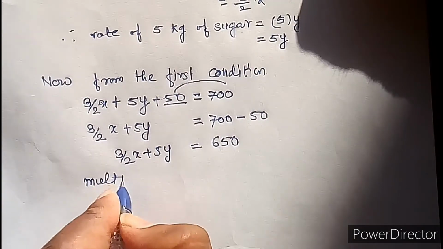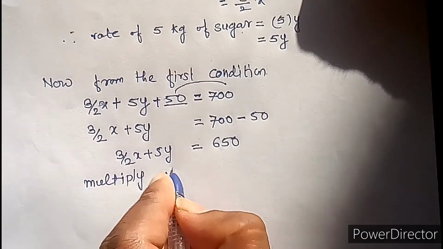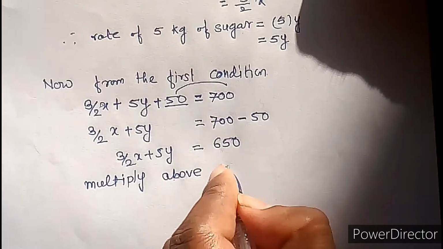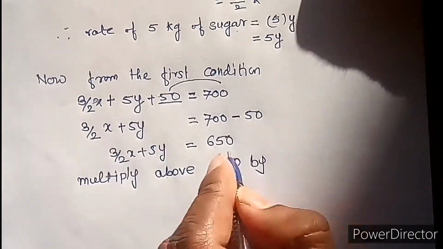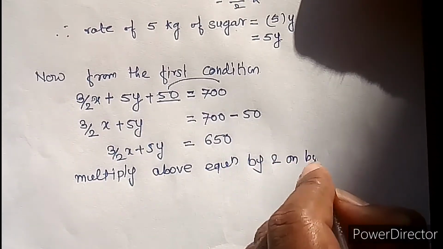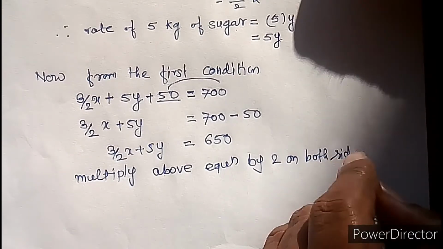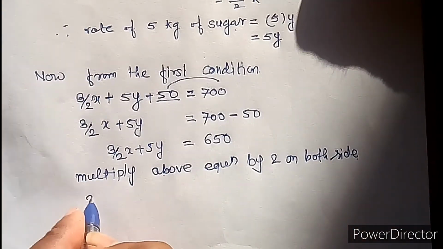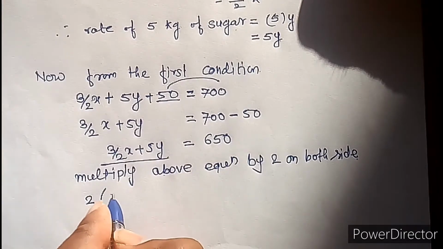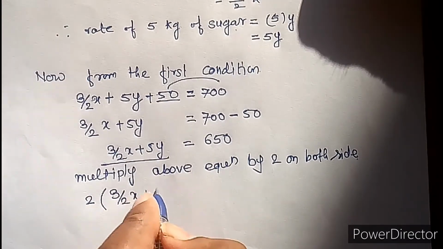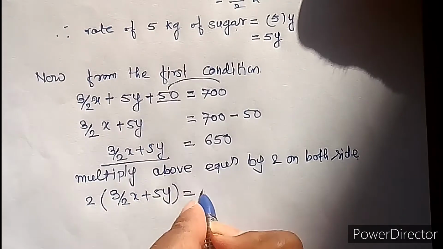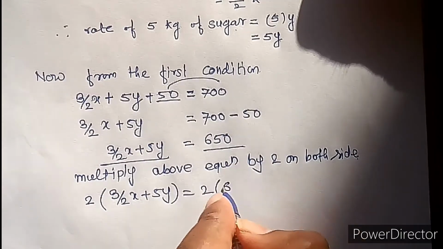Multiply the above equation by 2 on both sides. Therefore 2 into this equation, that is 3 by 2 x plus 5y, equals 2 into the right side, that is 650.